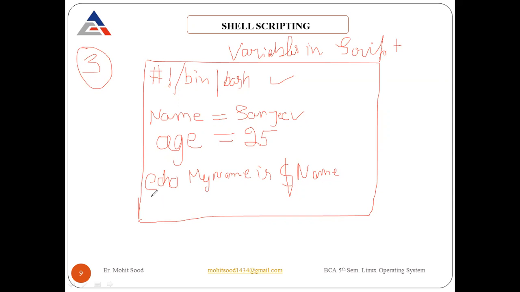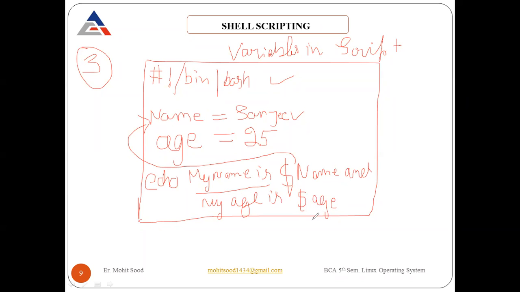With the help of dollar name, you can easily fetch your name from here to here. So echo my name is dollar name, and now I'm going to write here: my age is dollar age.